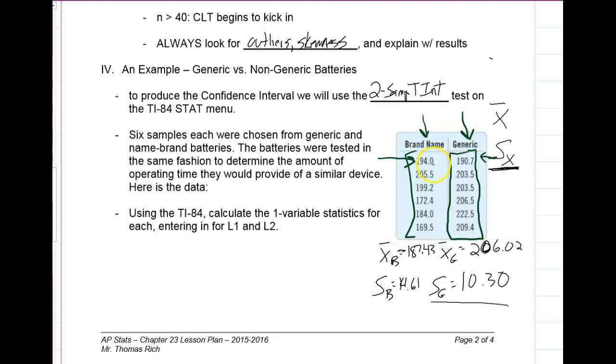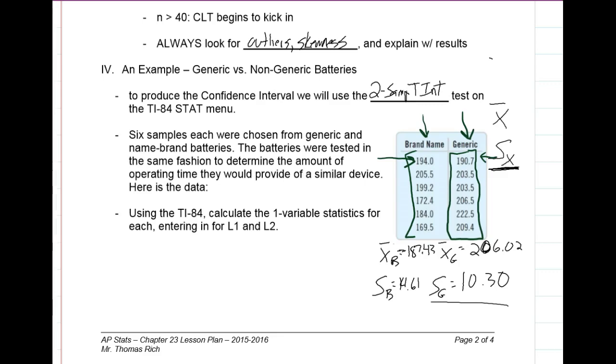And in fact, if I had jumbled the order of these brand name batteries or jumbled the order of these generic batteries, it would not have affected our analysis any, because these two across the row here are unrelated. Now in chapter 24, and of course that's one of our independence assumptions, that the two groups are independent from one another.